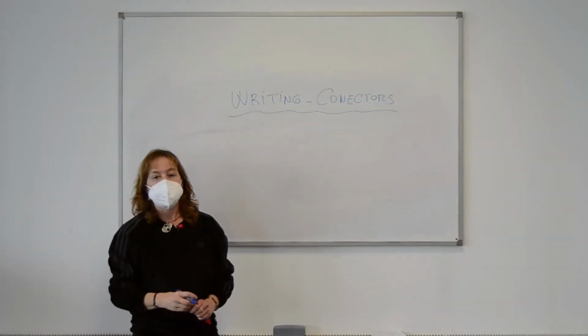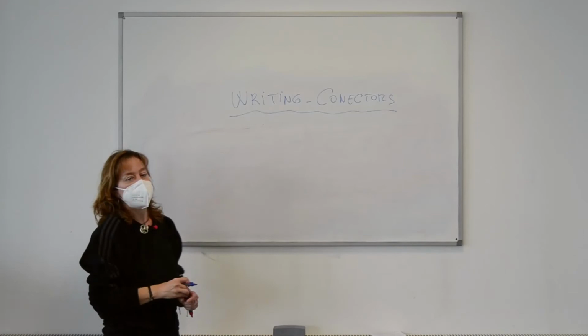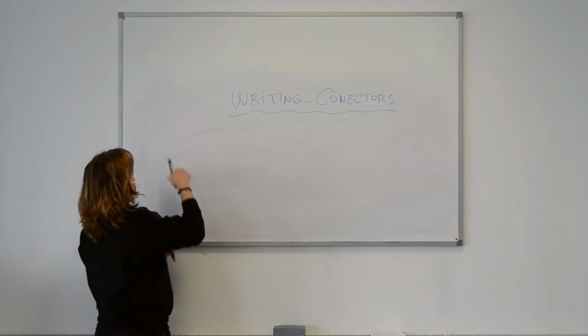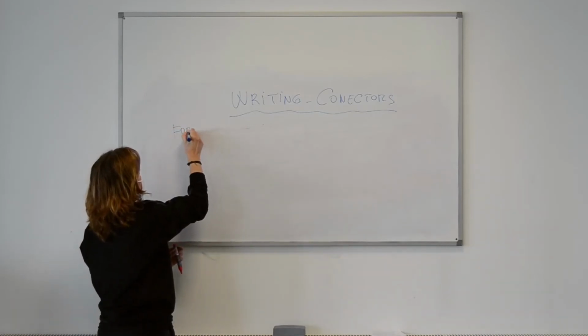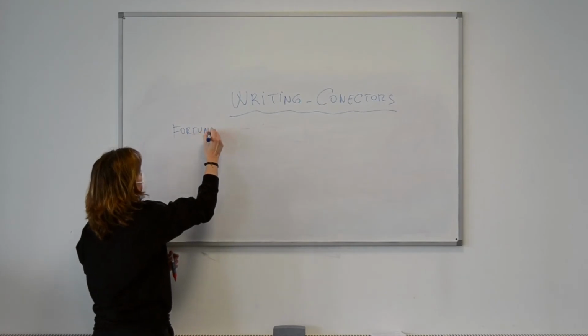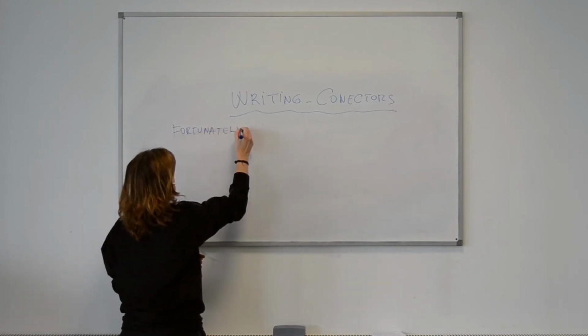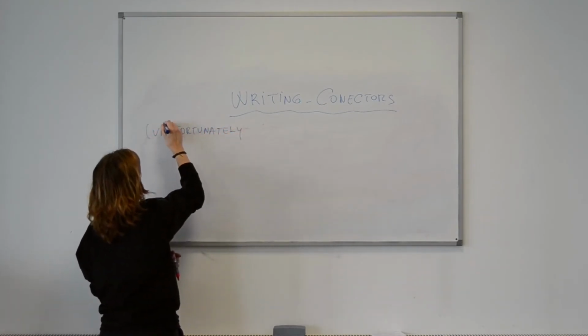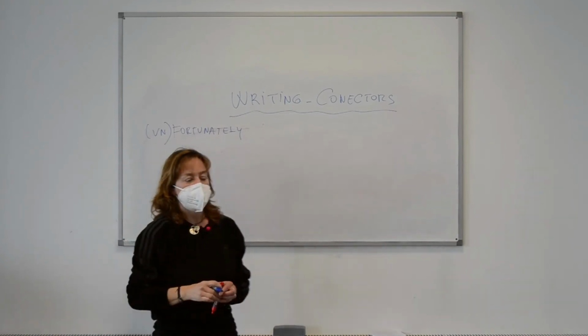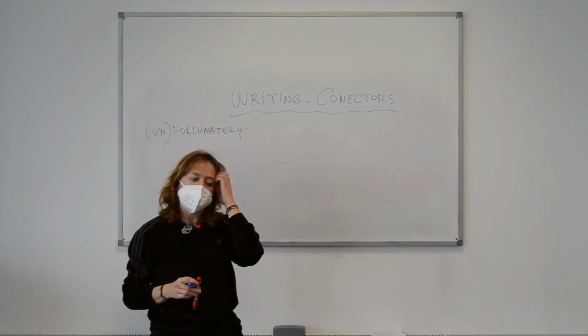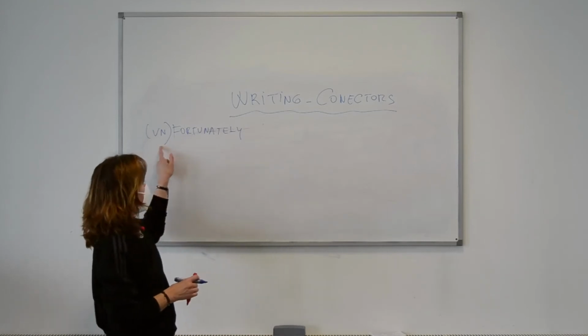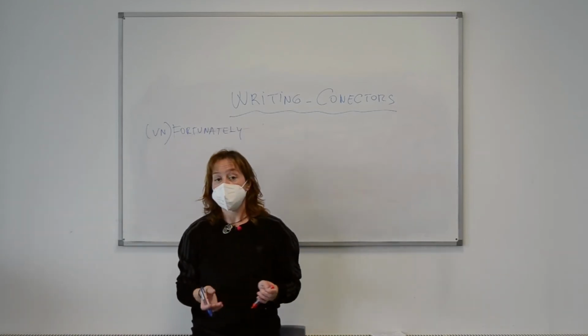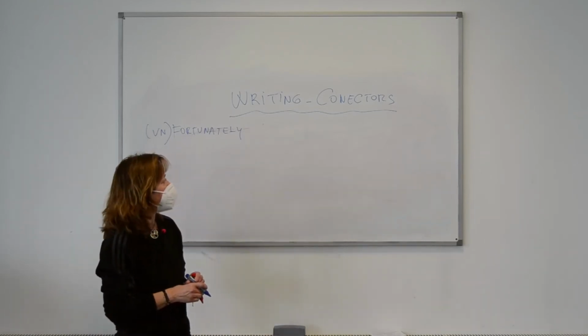Well, adverbs are usually very common in tests. For example, fortunately, or the negative form, unfortunately. In English, an important way to negate words is with the prefix un. Unfortunately, "desafortunadamente"; fortunately, "afortunadamente."